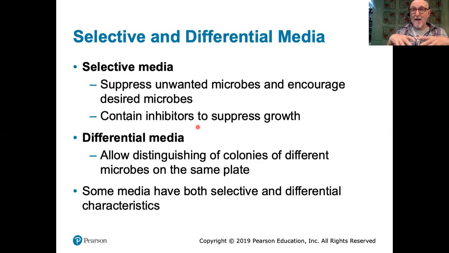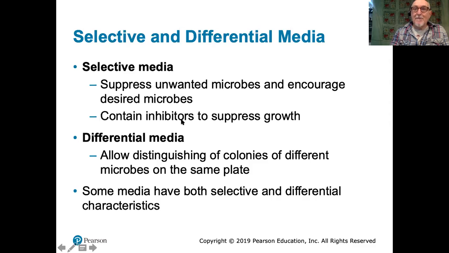So, for instance, they may have particular shape, they may have particular color, they may have particular margins, where we learn, okay, I know what E. coli looks like growing on such and such a medium. But differential media very often allow us to distinguish from an unknown mixture. They start to allow us to distinguish between functional differences between bacteria growing on that plate.